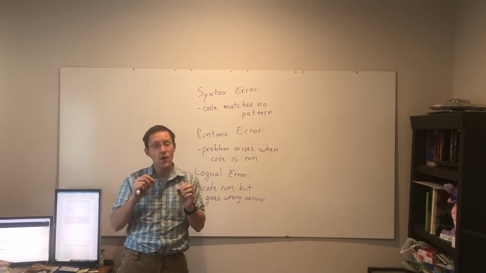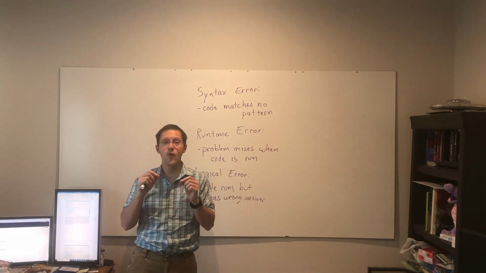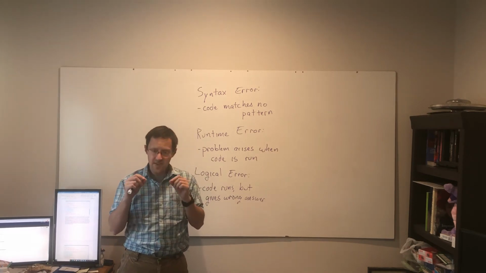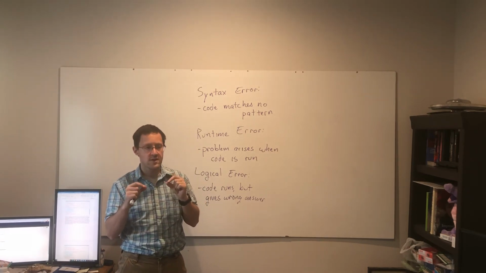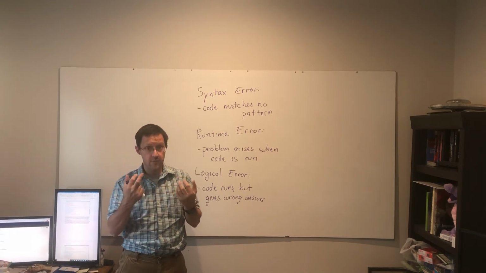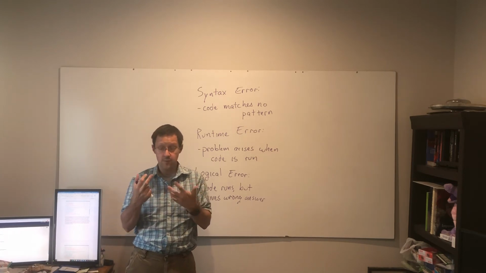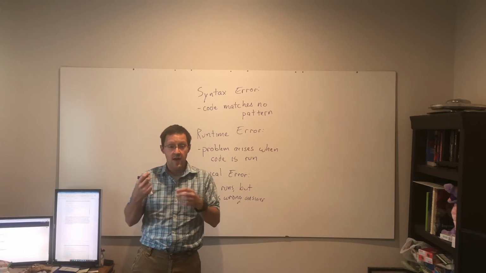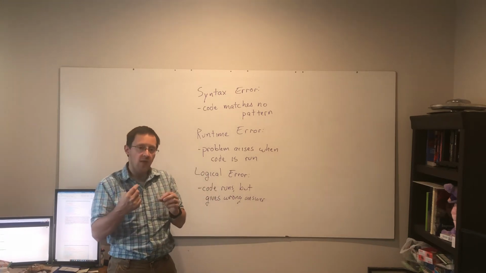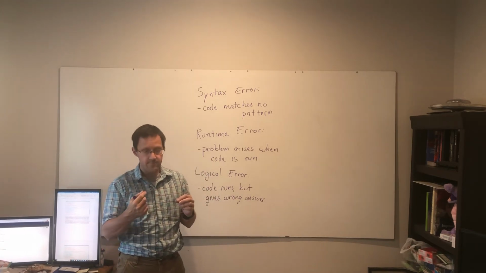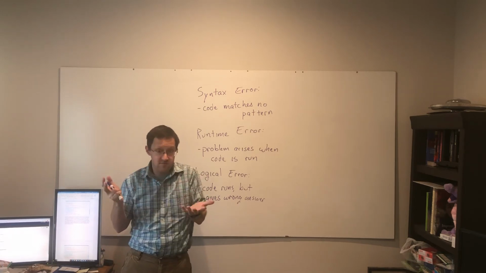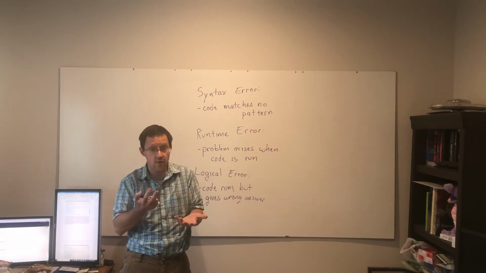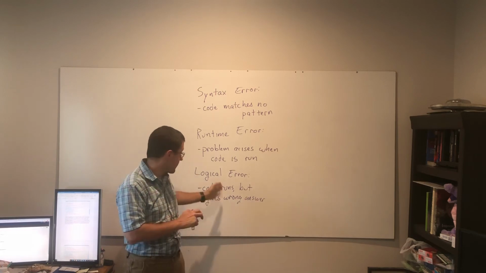Those can be the hardest ones to track down because there's no error message. There is no attempt on the program's part, or the computer's part, to tell you, I found an error on line 5. There's no error message, so it won't tell you there's an error on line 5, even if there is, and it is a logical error.